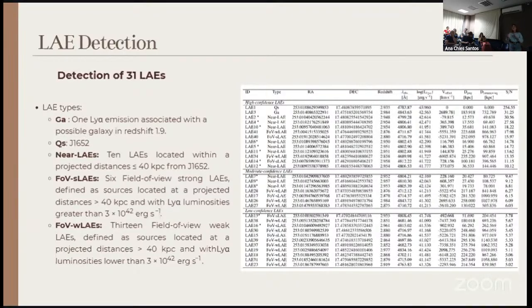I classified the near Lyman-α emitters as those located at a projected distance of about 40 kiloparsecs from the quasar. Field-of-view strong Lyman-α emitters are located at a distance higher than 40 kiloparsecs and have luminosity greater than 10^42. Then field-of-view Lyman-α emitters are located in the field of view and have luminosity lower than this value.